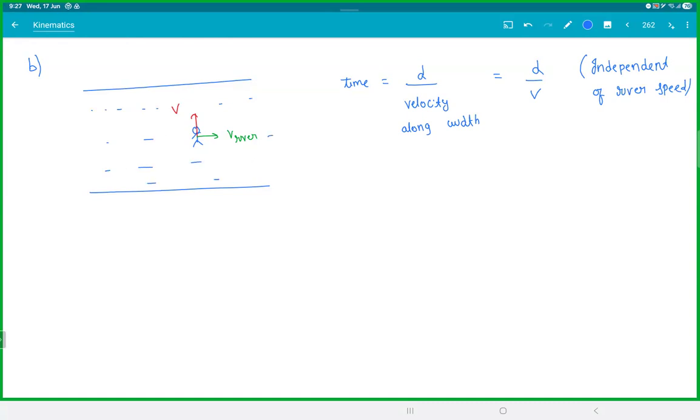Now, what about the C part? Think. I'll give you a minute or two. Think how to handle the C part now.